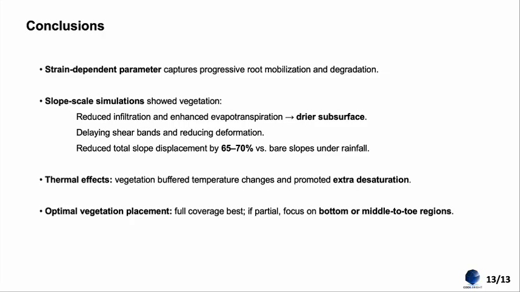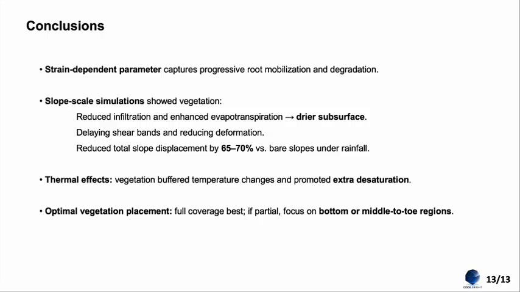And when we have vegetation in comparison to non-vegetated slopes under thermal loading, we have more extra desaturation. And finally, the optimal position of the vegetation depends on the condition.